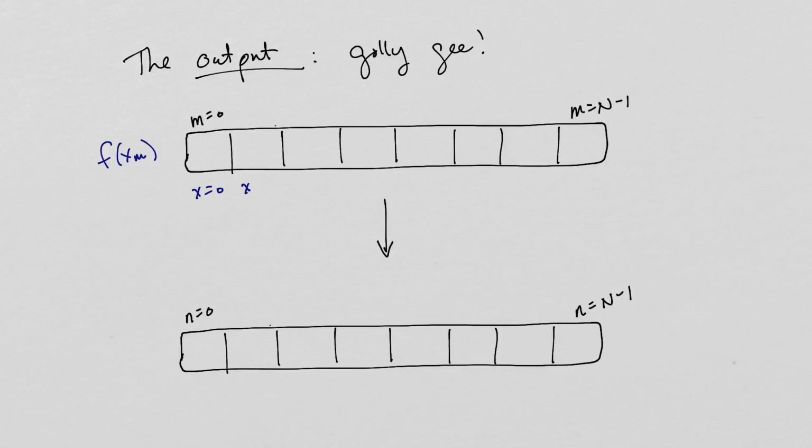The next one is what is the function at x equals delta x, that's m equals 1, et cetera, all the way to the end, which is x equals L. I guess it's x equals almost L, because it's N minus 1, so we'll call it x equals delta x times N minus 1. So this is my data sampled from 0 to L.